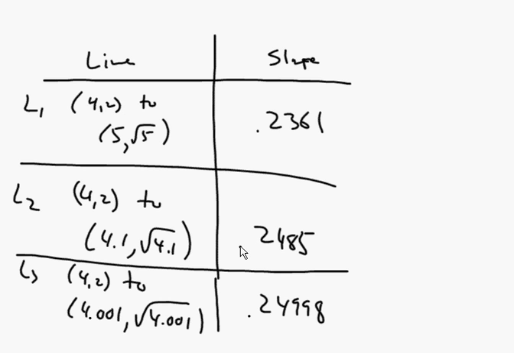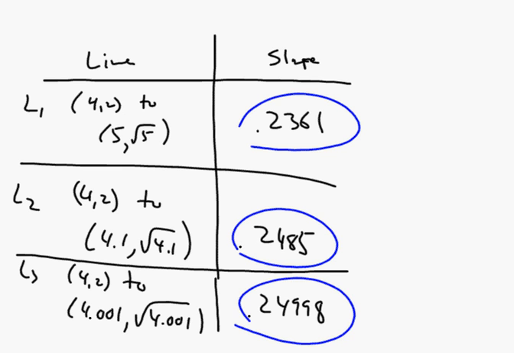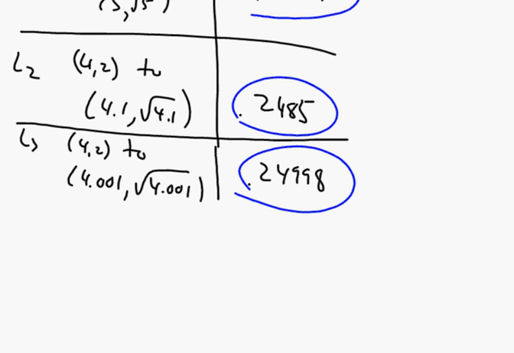Okay. It's time for us to make a conjecture. It's time for us to say what we think these slopes are getting closer and closer to. And if we look at it, it looks like our slope is getting close to 0.25.